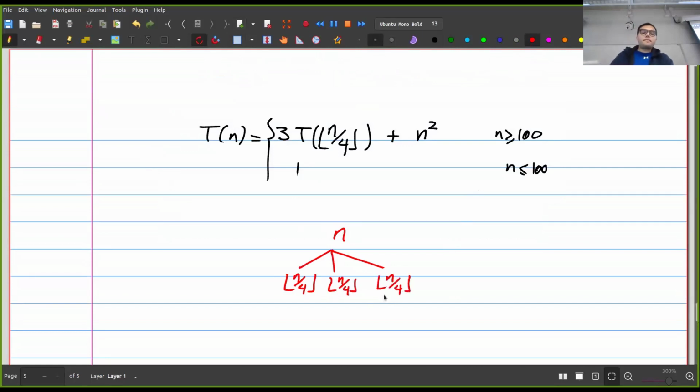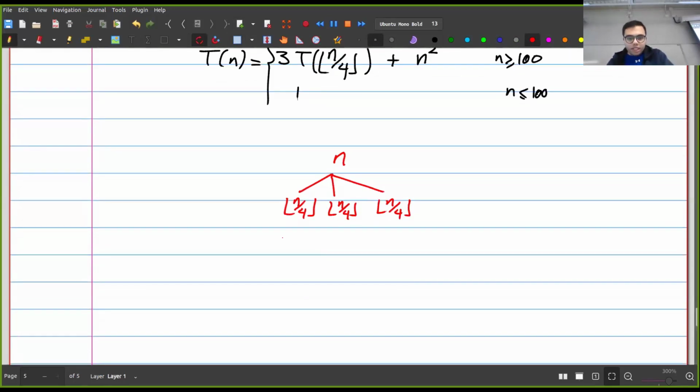Right? And then they are each going to be divided into 3 instances of size floor of n over 16 each. And this goes on until I get to the leaves, until I get to instances of size 1 or of very small size.